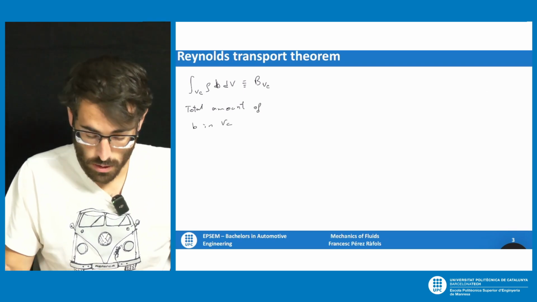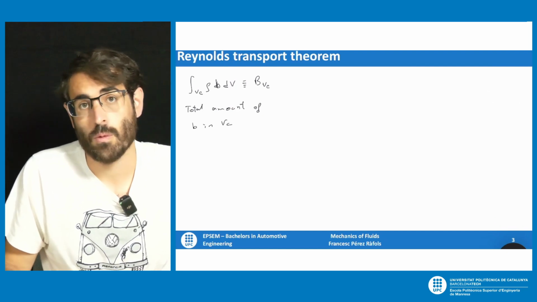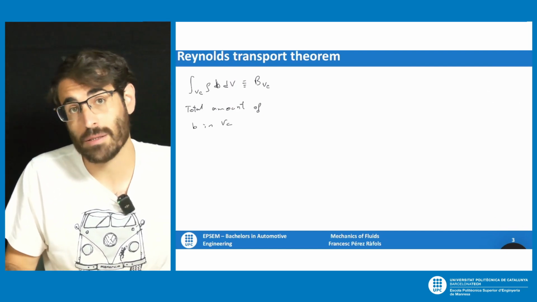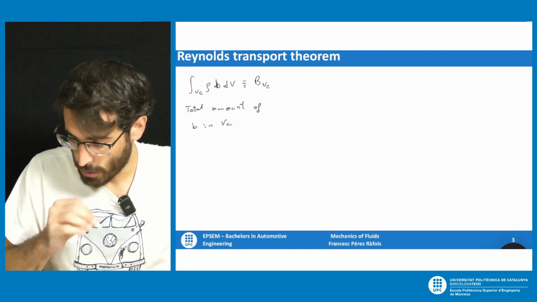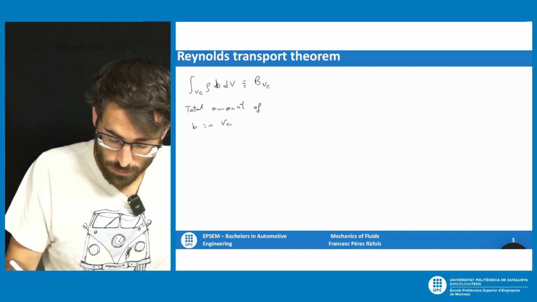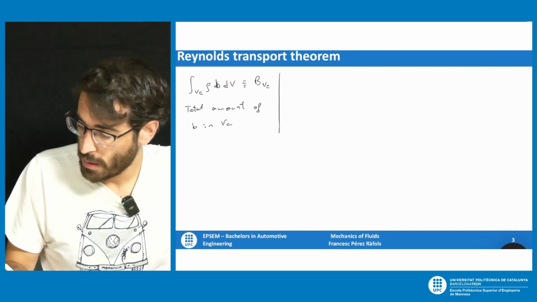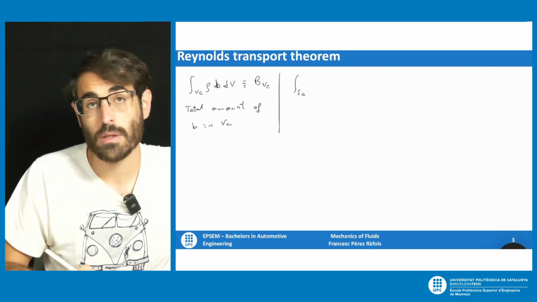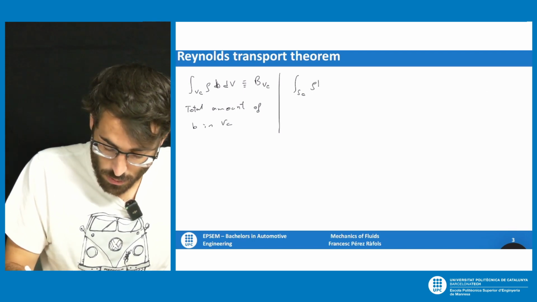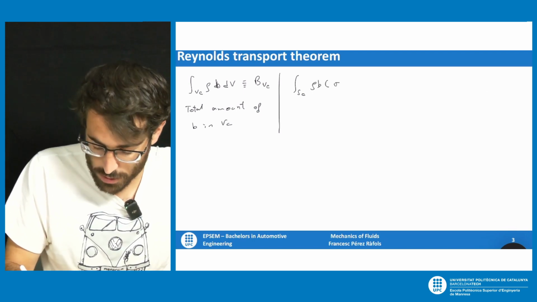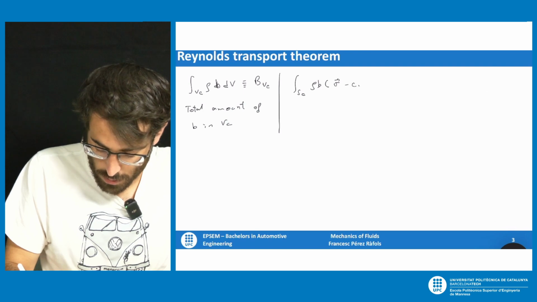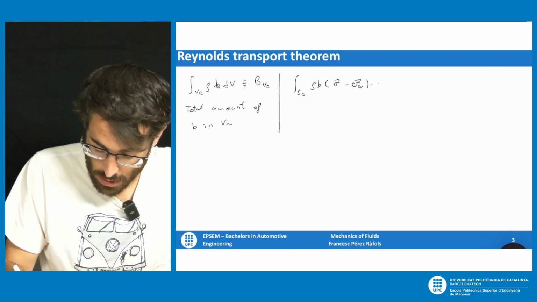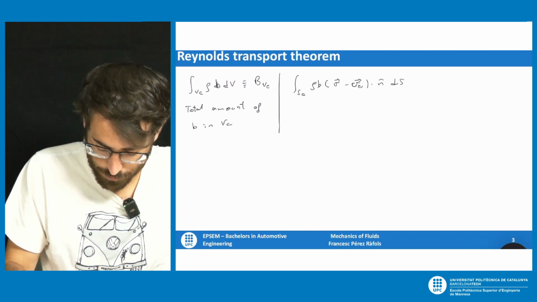Okay, so say if b was 1, then we would have the total mass, or something like that. So that's the first one. The second one, we can simplify a bit more. It's the integral over the surface of rho b, the relative velocity with respect to the moving surface, dot n dS.